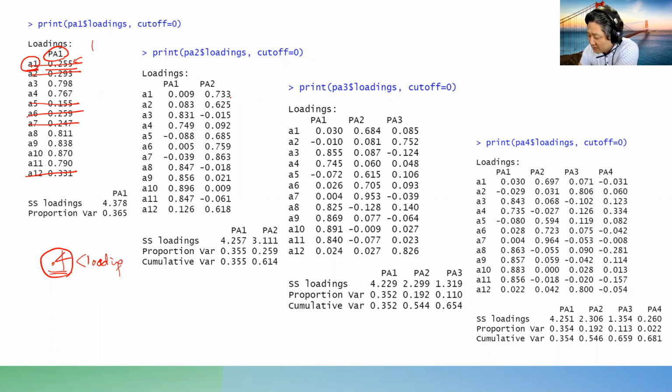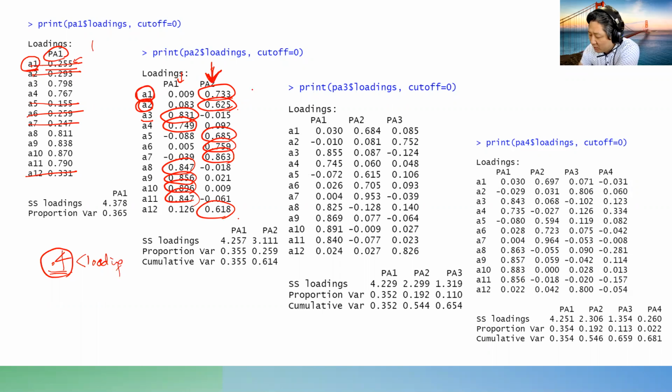What about this case? This is the factor loading, right? So do we have a two factor solution, where the first variable is highly loaded on the second factor, not the first factor, and the second variable is also highly loaded on the second factor, and the third variable on the first factor. As you can see, we can have very clear two-factor solutions, right?